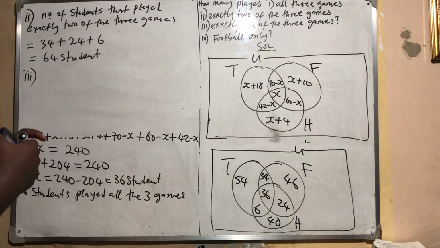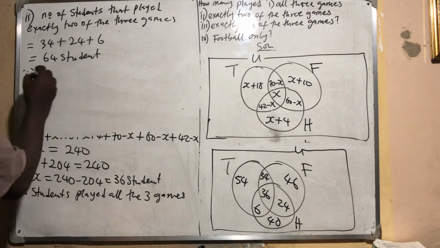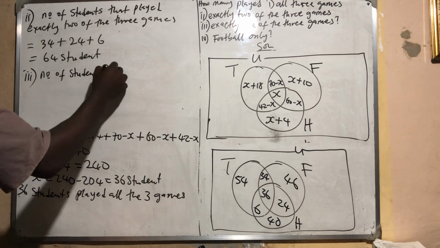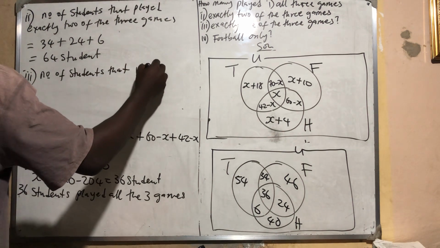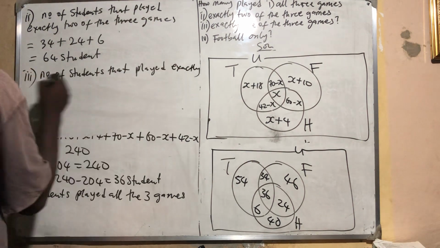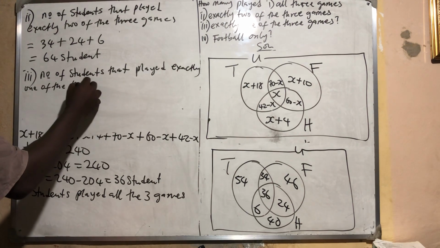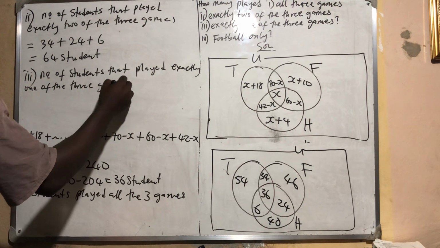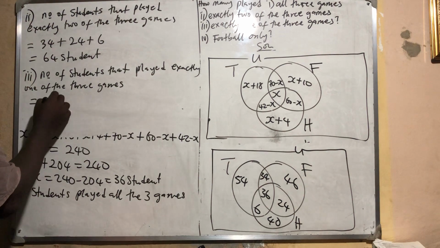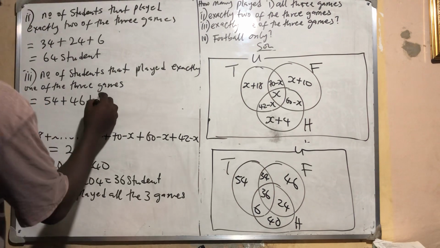I said exactly one of the three games. So exactly one of the three games, you tell them the number of students that played exactly one of the three games will now be equal to the people that played only table tennis, which is 54, plus only football, which is 46, plus only hockey, which is 40.